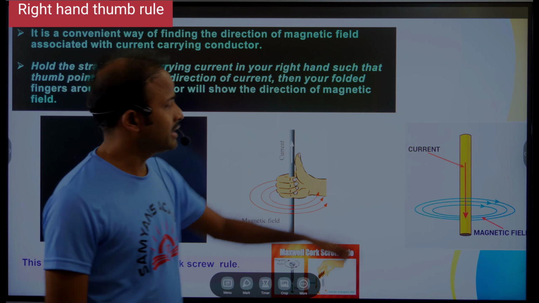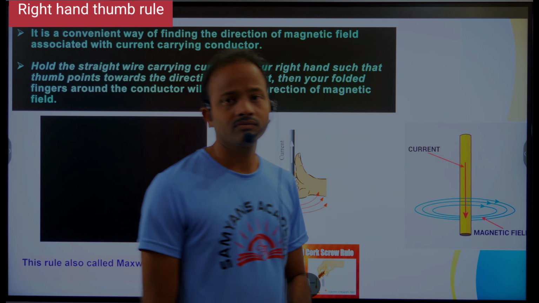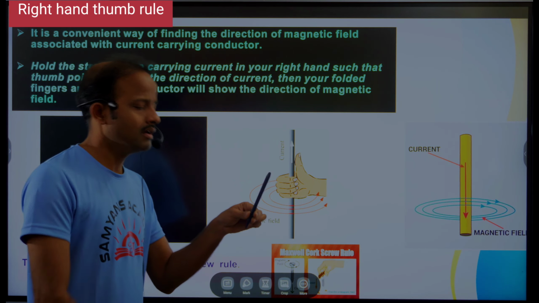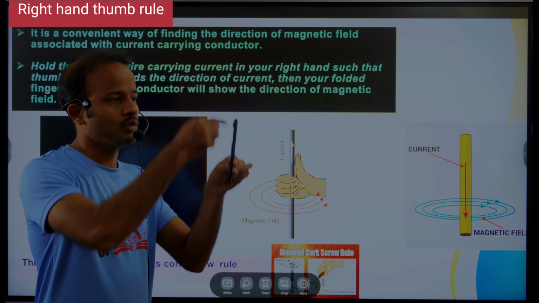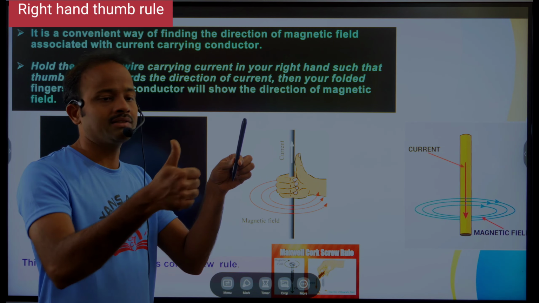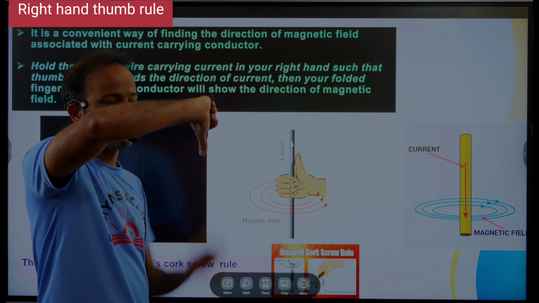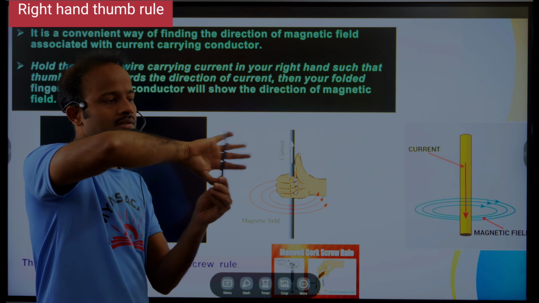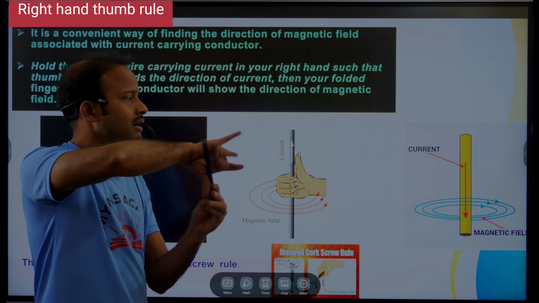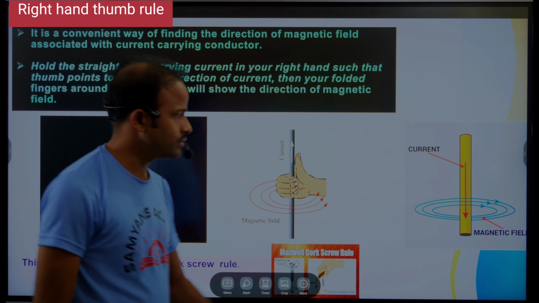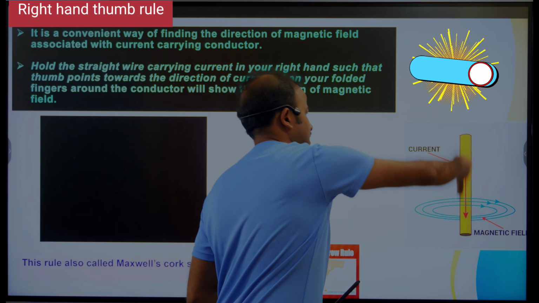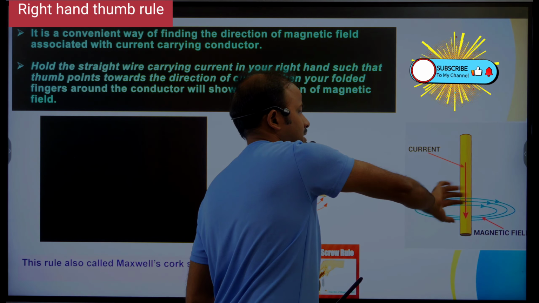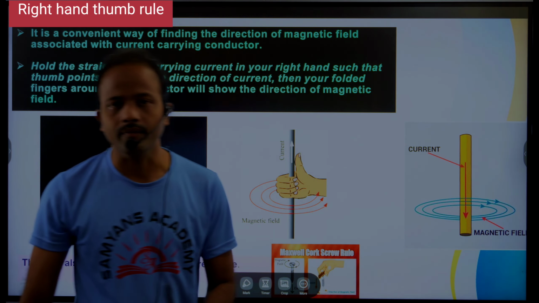When the current is moving in the downward direction, let us assume this is a current carrying conductor, you place the thumb in the reverse direction like this. Now the curling fingers indicate the direction of the magnetic field lines. You see, when the current is moving downward, the fingers curl in this direction, which is clockwise.